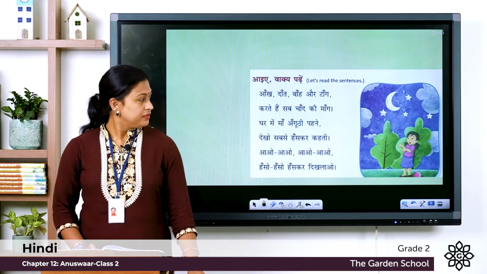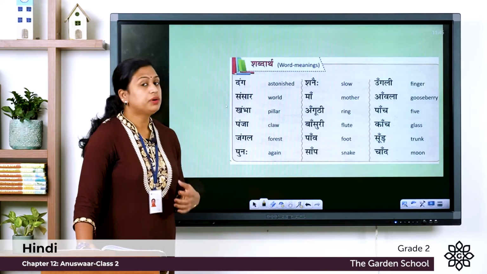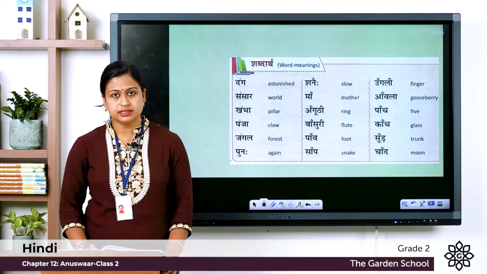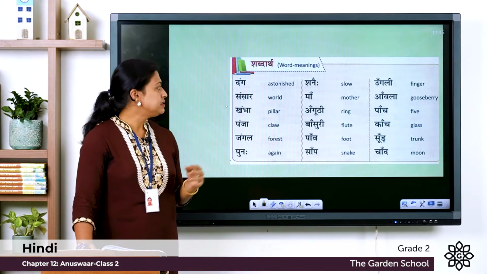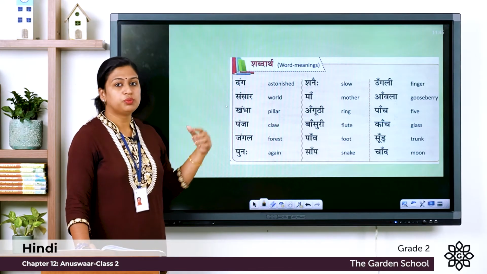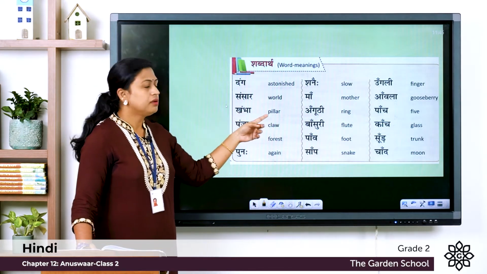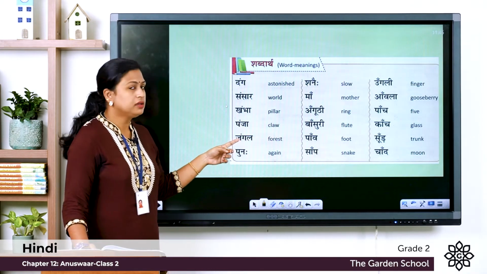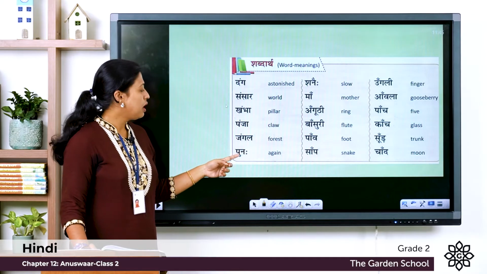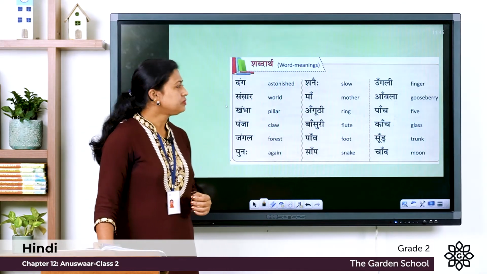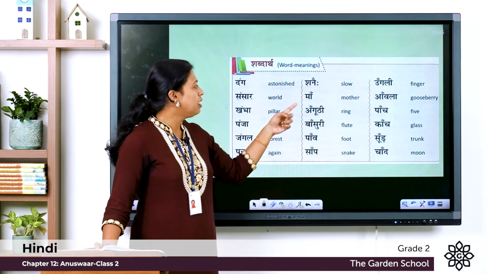Next one, you can see we have word meanings, that means shabdarth. So the first one is dang. Dang means astonished. Next one, sansar, world. Khamba means pillar. Panja, claw. Jungle, forest. Puna means again. Next column, shane means slow.